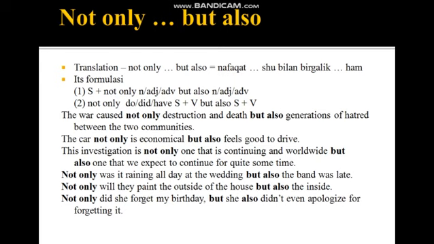So after "not only," see guys, we can see right here there is "do," "did," "have," or "has," or like auxiliary verbs, what I call helping verbs. It doesn't matter. So "not only" do, did, have, then subject plus verb, but also subject plus verb.